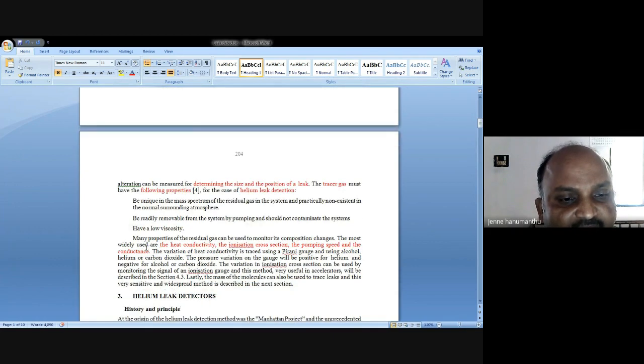There are many properties of residual gas that can be used to monitor its composition changes. They are the methods available to us: heat conductivity method, ionization cross-section method, the pumping speed method, or the conductance method.